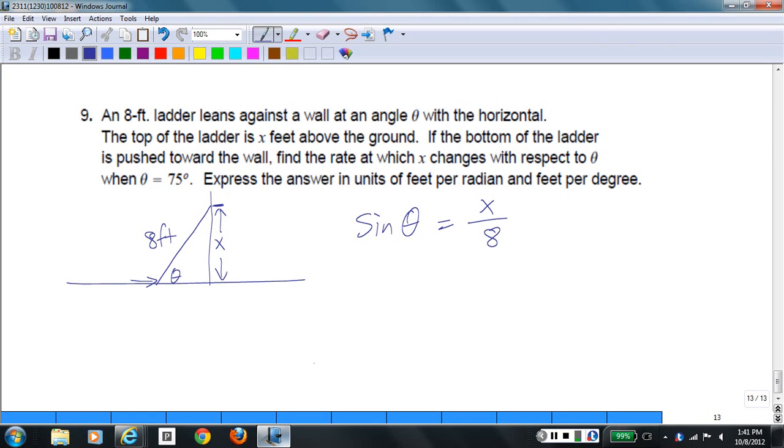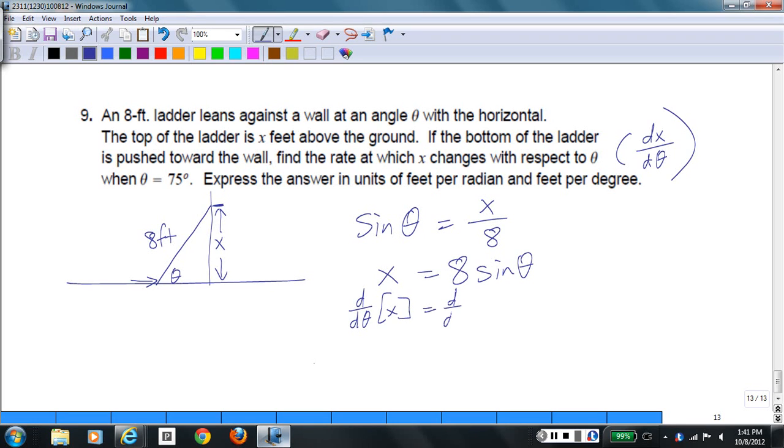And we need dx d theta. So if we multiply both sides by 8, x equals 8 sine theta. So if we differentiate both sides with respect to theta, d d theta of x equals d d theta of 8 sine theta. So d d theta of x equals dx d theta.